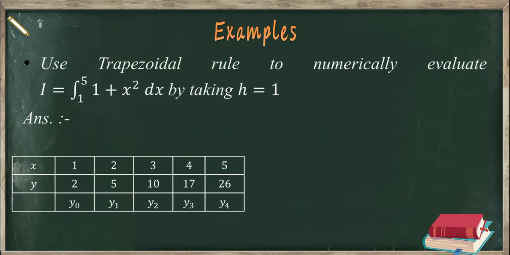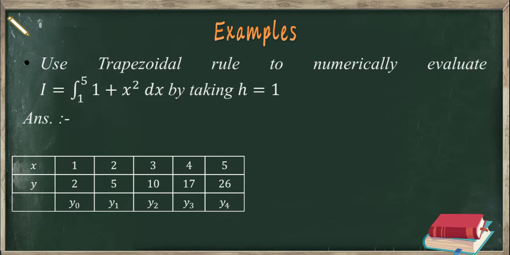See some examples. Take the first example. Use the trapezoidal rule to numerically evaluate I is equal to integration 1 to 5 of 1 plus x square dx by taking h is equal to 1. H is constant, so x is equal to 1, 2, 3, 4, 5, and the difference is 1.